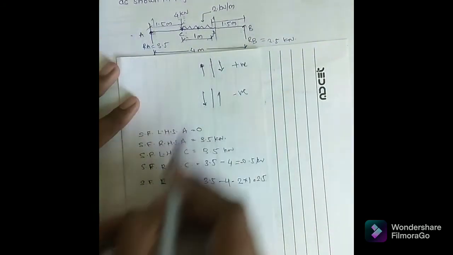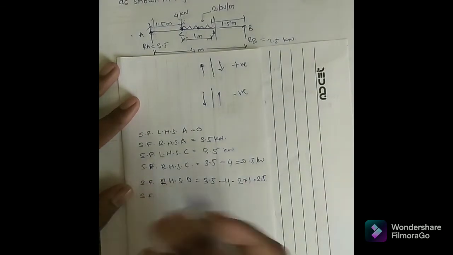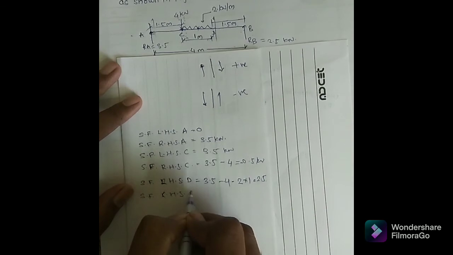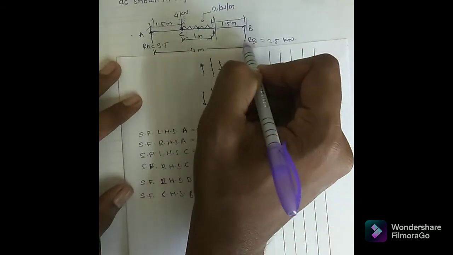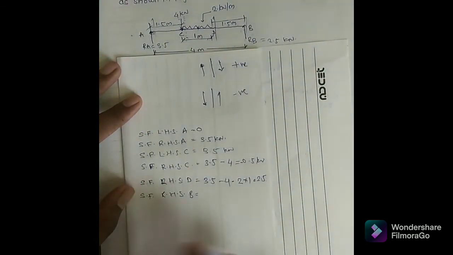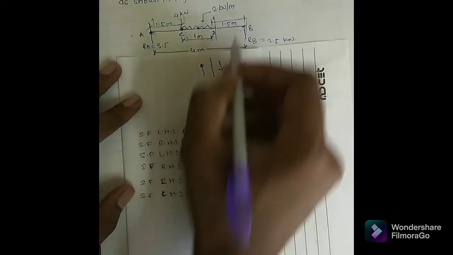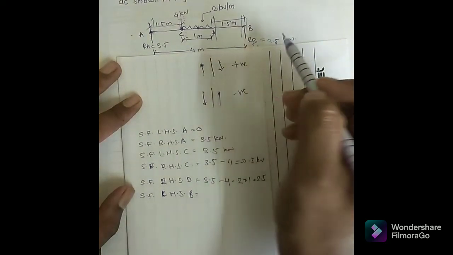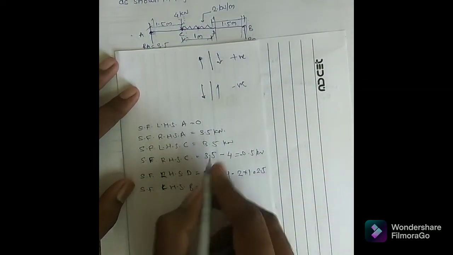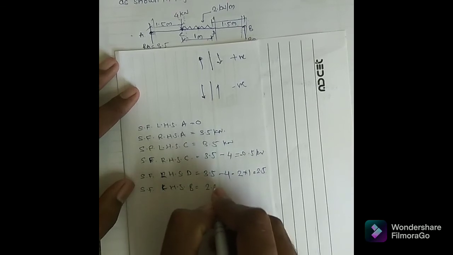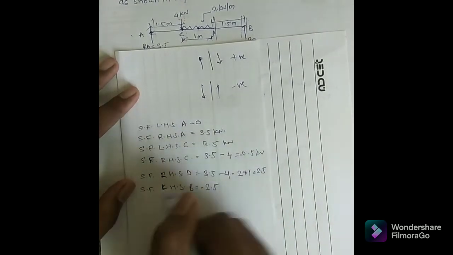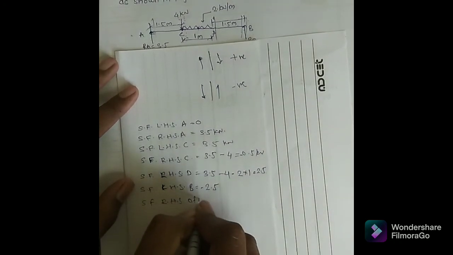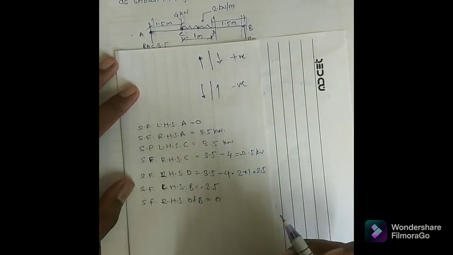If you consider the shear force on left hand side, or you can directly consider the right hand side of B, because here if you consider, sorry, first take the left hand side. So this value you can write directly 2.5, minus, and shear force on right hand side of B will be equal to 0.